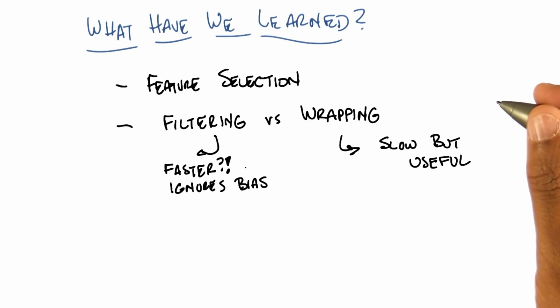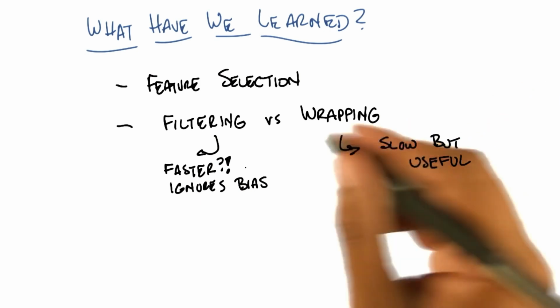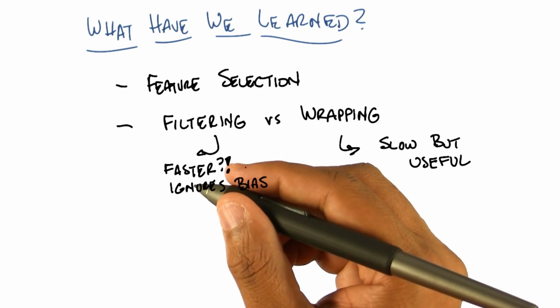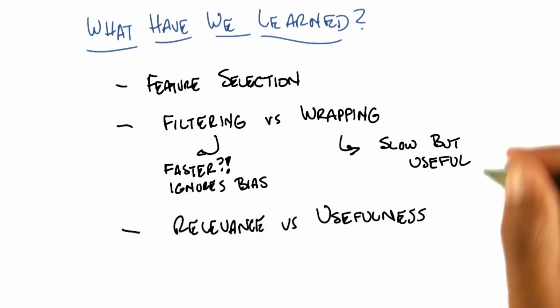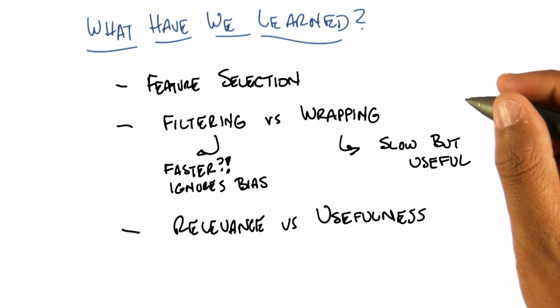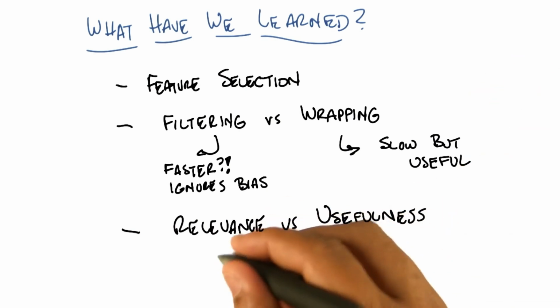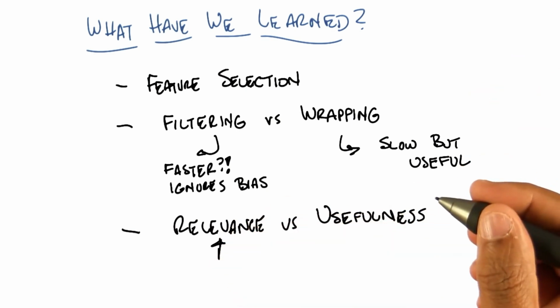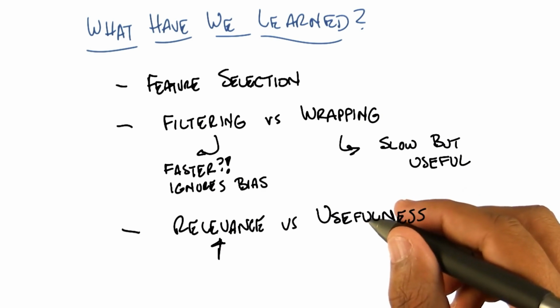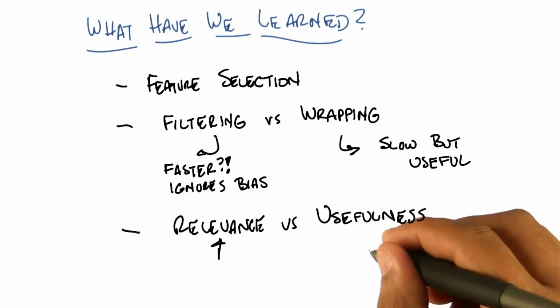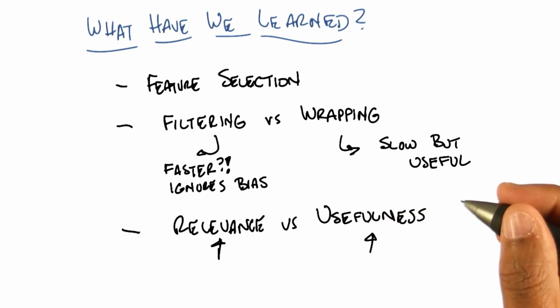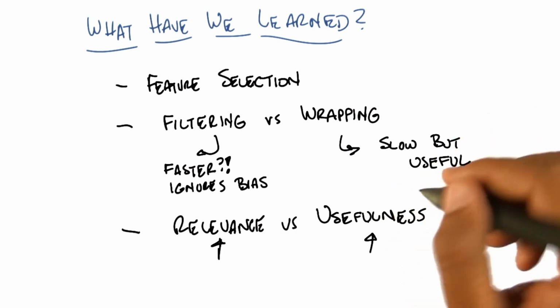Well, so we specifically learned about the distinction between features being useful versus them being relevant. That's right. So relevant things are things that give you information about the classification problem or the regression problem that you care about. But useful features are things that help you to actually do the learning given some specific algorithm.